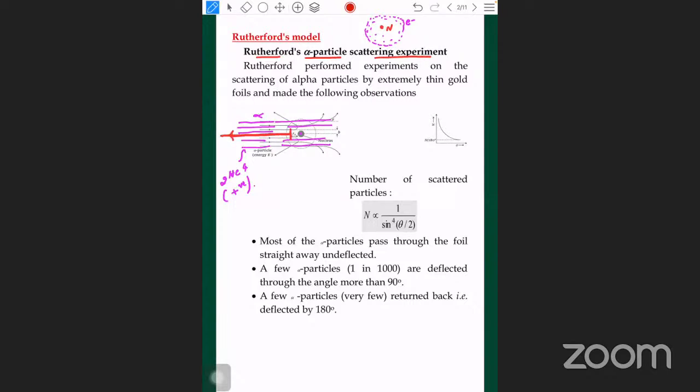Because according to Rutherford, the entire mass is concentrated at the center, and this alpha particle and this particular point are going to get repelled back. These two are repelled because of the repulsion. So that clearly tells the entire mass of the atom is concentrated at the center.